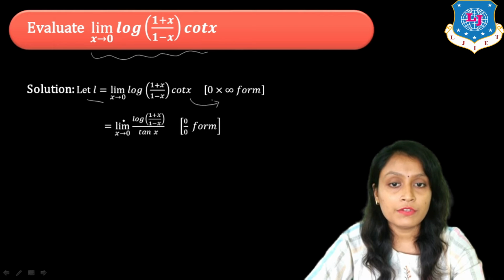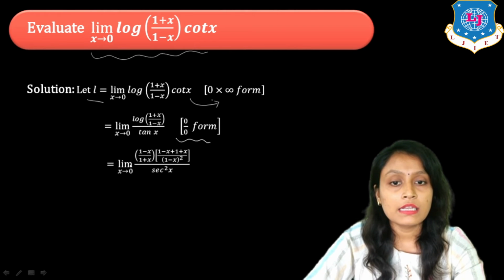Okay, now what we will do, we will bring this cot function in the denominator. Why? Because log we will always keep in the numerator. So we know 1 upon cot x is tan x. So here we have tan x. Now if you substitute x is equal to 0, you will get log 1, that is 0, and tan 0 is 0. So 0 by 0 form.